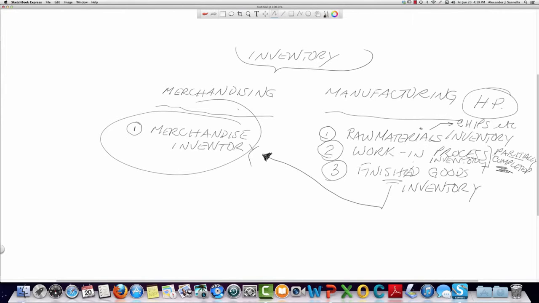And the finished goods inventory would represent the completed products. Those completed products, when sold to the merchandising company, would be a way of wholesaling. And then, of course, we'd sell it to the final customer. And that would be a retail operation.